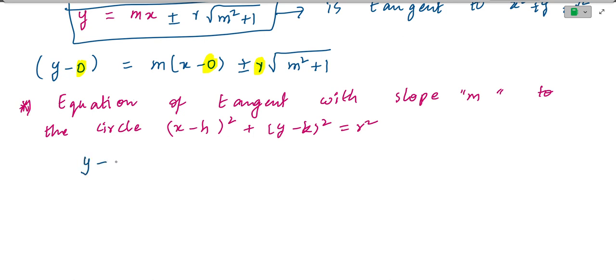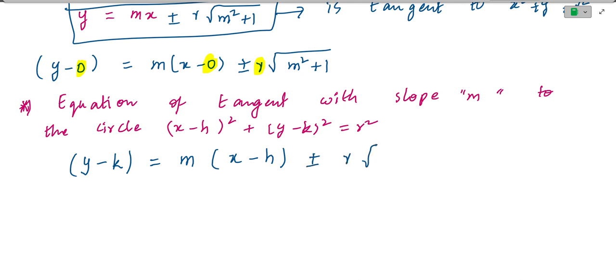Y minus k is equal to the slope of the tangent, that is m, into x minus the x coordinate of the center of the circle, that is h, plus or minus r into under root of m square plus 1.